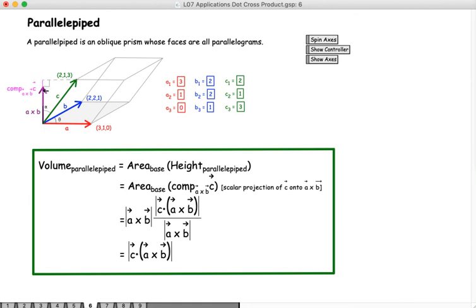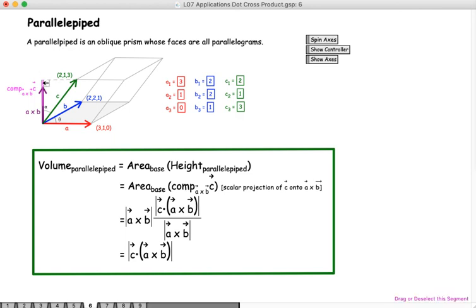Now A cross B is also this vector coming up. That vector is perpendicular to the base. The height would be perpendicular to the base. When you're finding the height of a prism, it needs to be perpendicular to the base. To get all the way to the top of this, I'm going to have to project from vector C back onto A cross B. They're meeting at a right angle. That pink length there is the height.